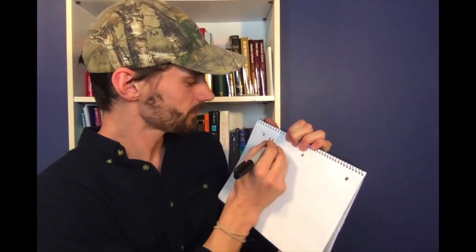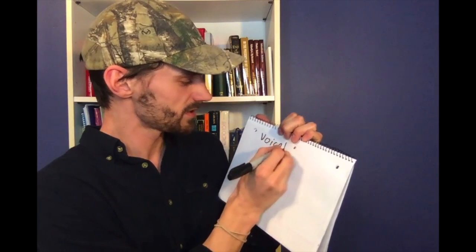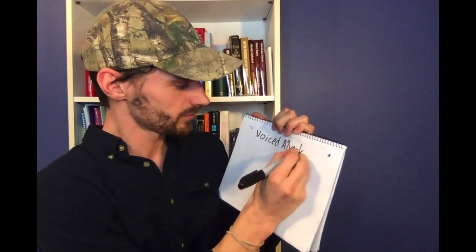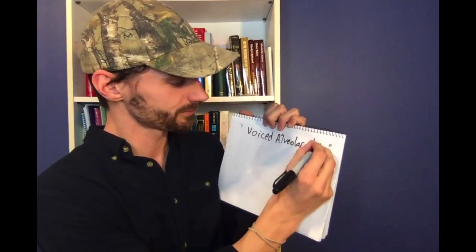And the technical term for this speech sound in Spanish is a voiced alveolar trill. Okay, I'll write this down here because those are three important words to know. Voiced alveolar trill. Okay.